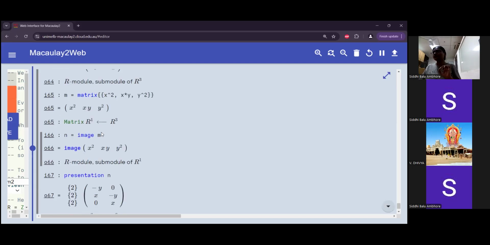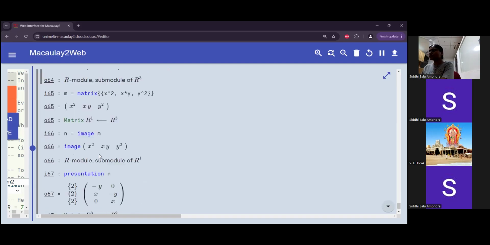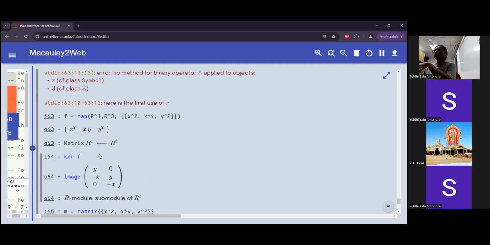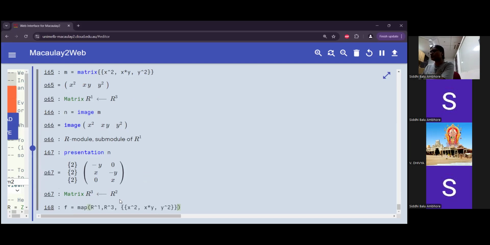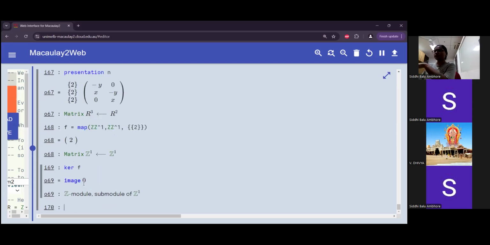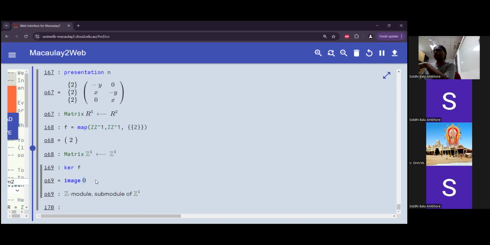And just so you know, you can do, for example, instead of this, if I do this for Z, Z power 1, and if I do this only, that 2, okay, and I find the kernel of this map f, okay, the image is just this 0.